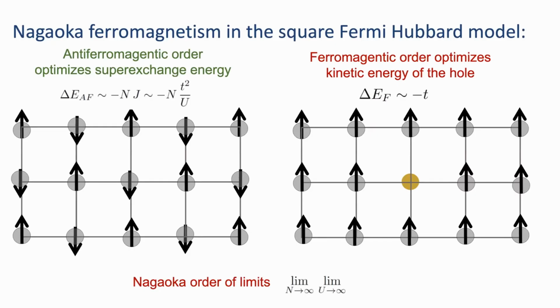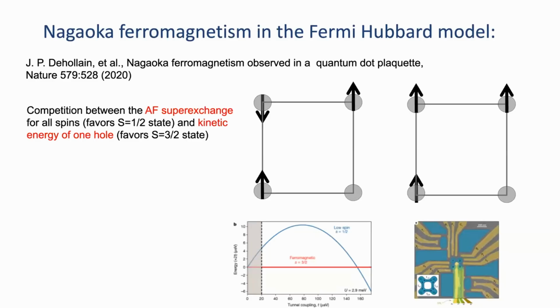He said, well, let's keep the system size finite and take U to infinity. Then for any finite system, superexchange vanishes, and therefore the energy gain due to the motion of the hole wins, and we get ferromagnetism. You can argue that maybe it's not very physical, but in a finite size system one can do this.